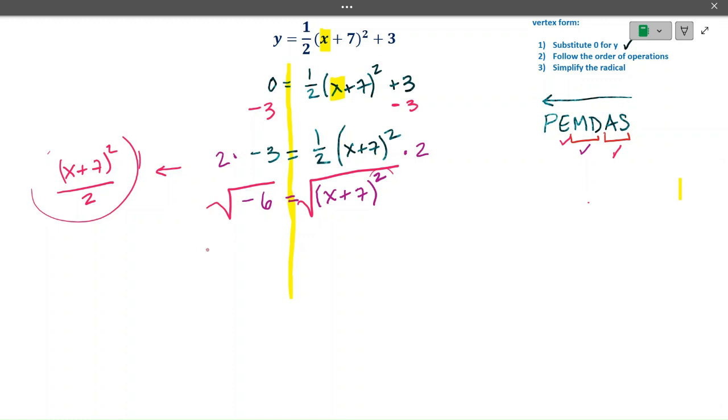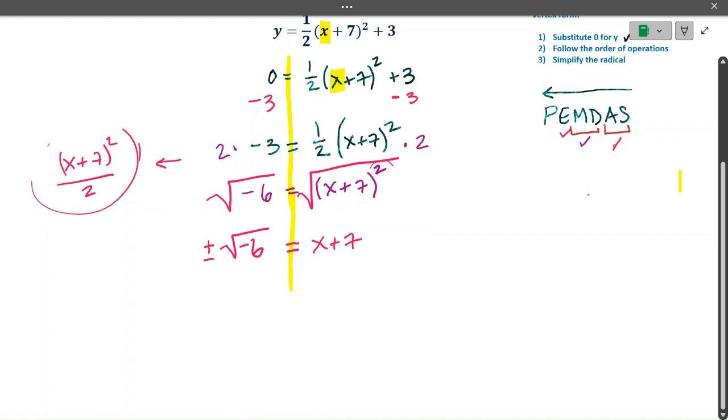Because I'm the one doing that operation, I have to put a plus or minus in front of what I've square rooted. That means it could have been a positive times a positive or a negative times a negative to make this squared value. On this side, the square root undoes the square, so I'm left with x plus 7.